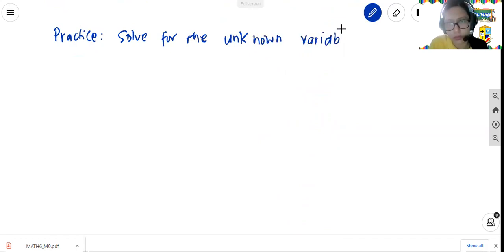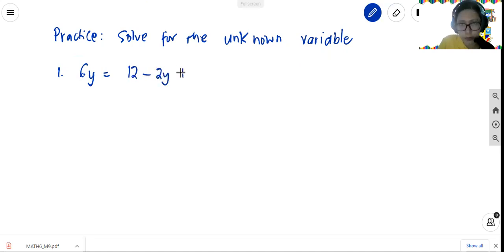So let's have 6y is equal to 12 minus 2y plus 4. Okay, so in this case, in the left side, you have y, but in the right side, you also have y. So what you need to do here is to isolate all the terms that has a variable, and in this case, it's y.